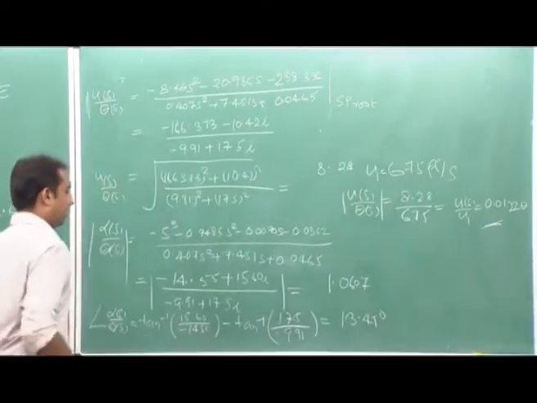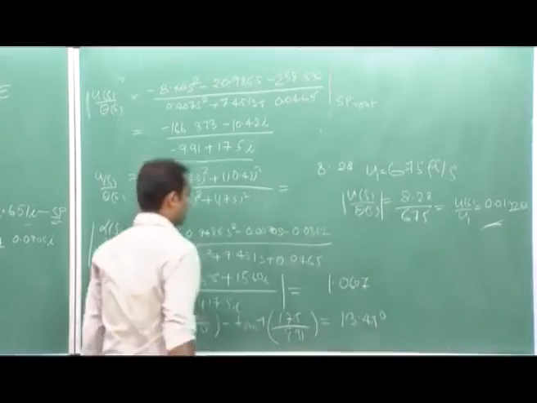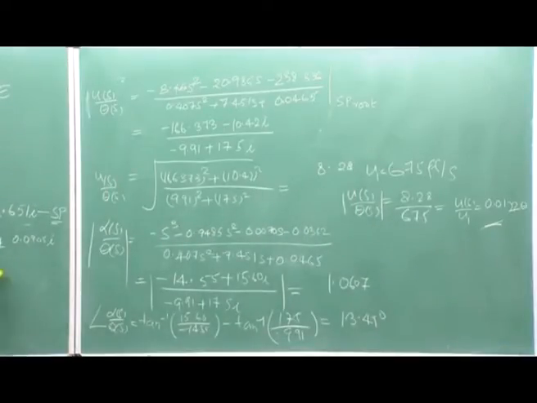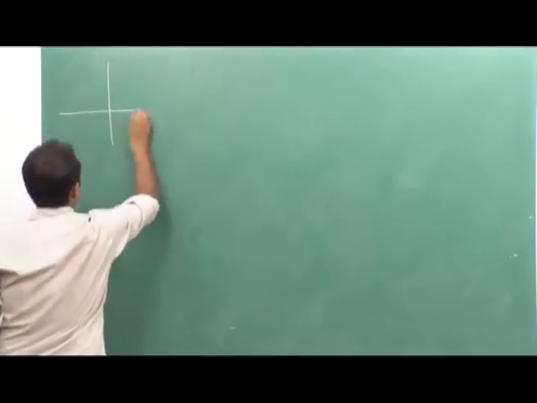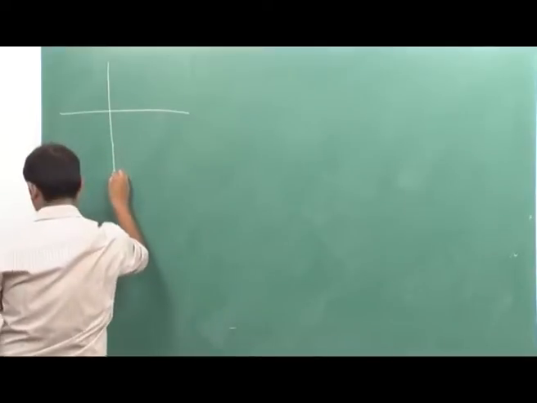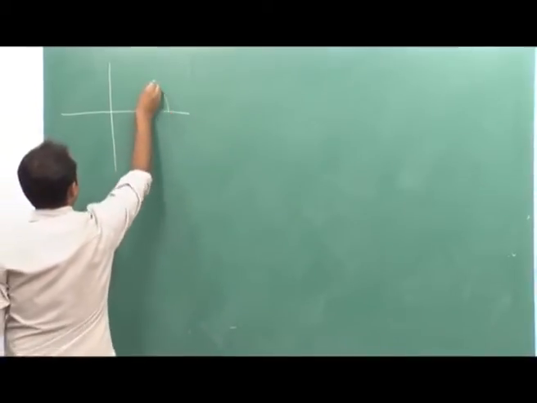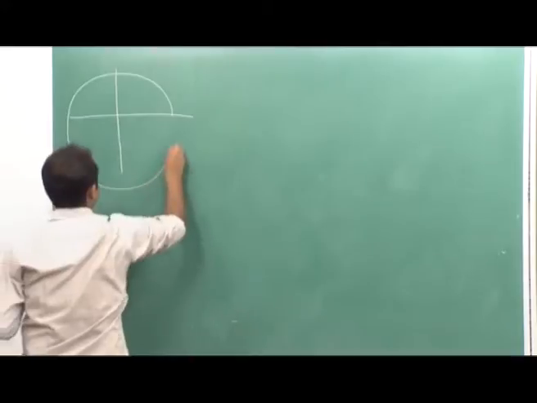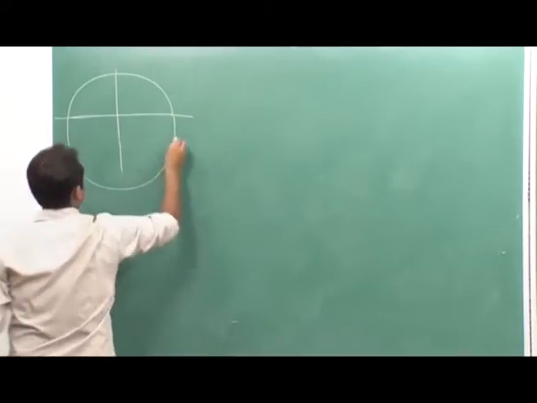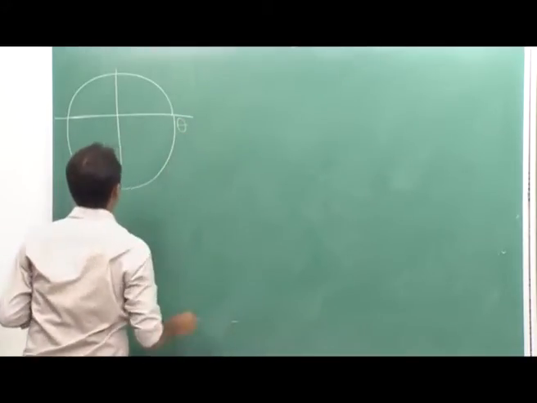So, now drawing the mode shape of this analysis for short period mode, this is a unit circle with theta as the parameter.